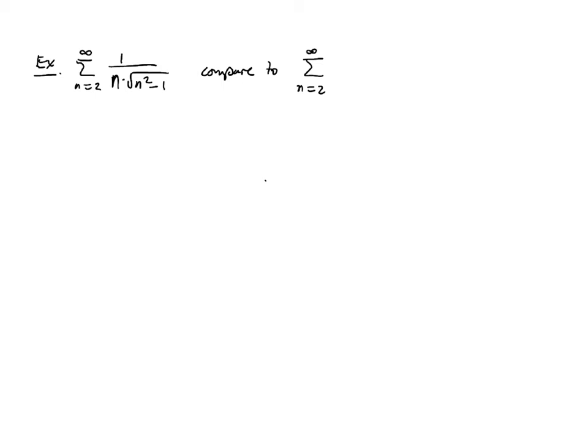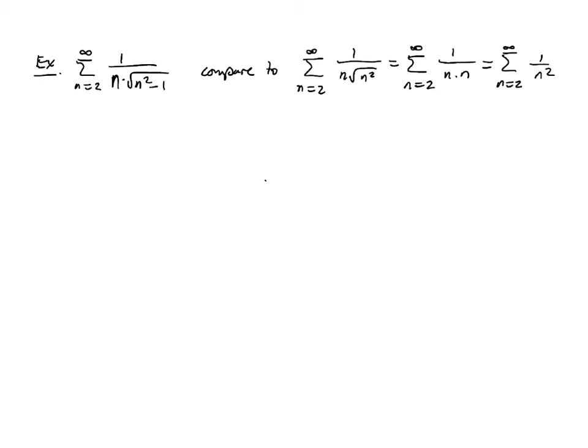If you look at this series, as n gets larger and larger, that minus 1 piece becomes negligible. And so this one is very similar to the summation whose terms are 1 over n times the square root of n squared, which simplifies to the summation n equals 2 to infinity of 1 over n squared.